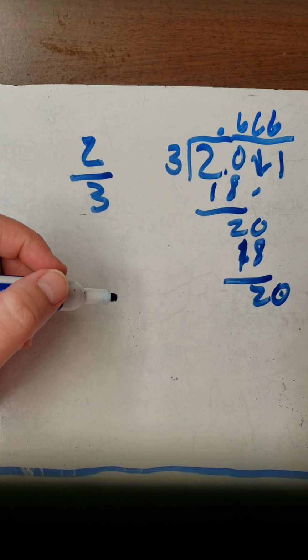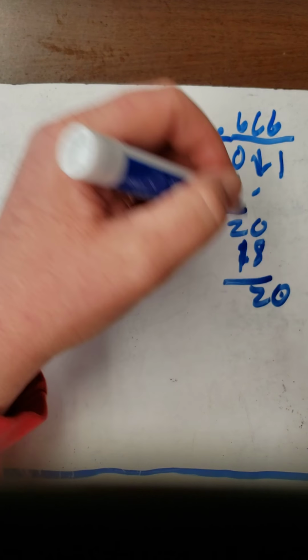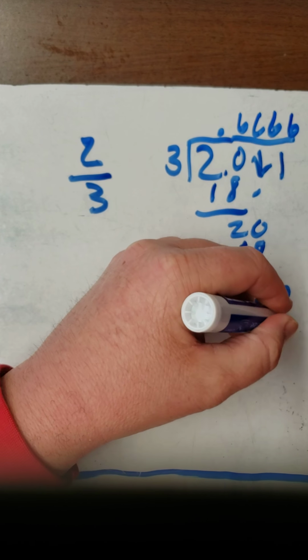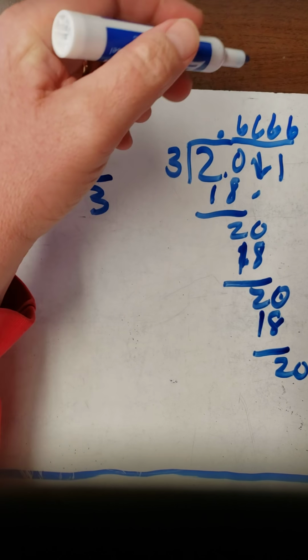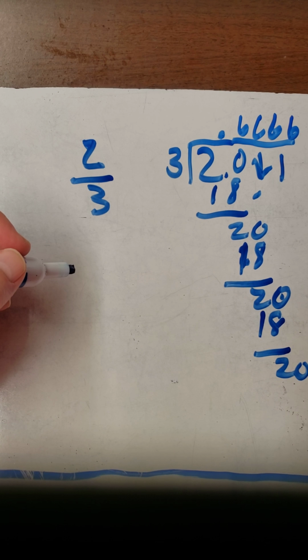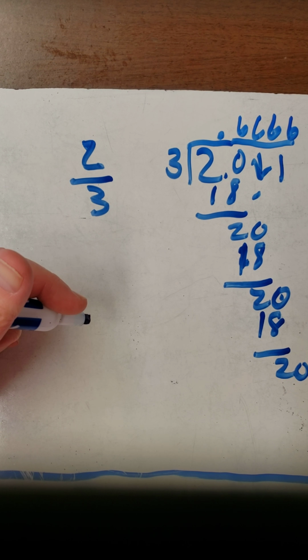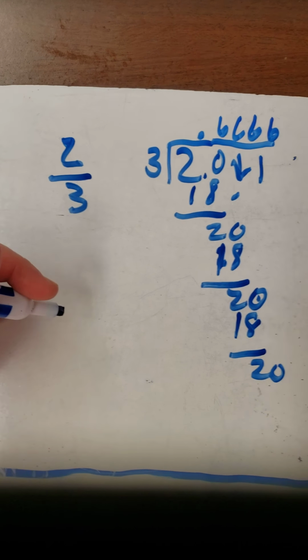So we know this decimal is repeating. And so the decimal for 2/3 is 0.6666, 0.6 repeating. Now it says to then express 2/3 as a decimal rounded to the nearest thousandths.